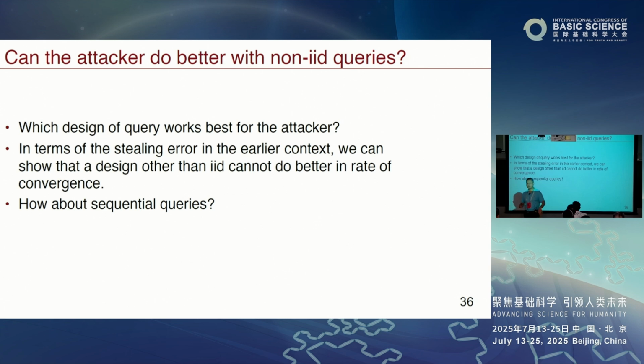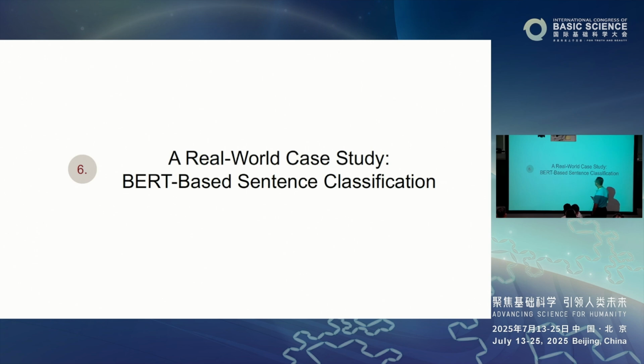So there is a potential that in this sequential query setting, you gain something. But we haven't completely figured out whether it's possible to improve the rate of convergence. I doubt it, I think perhaps not, but we haven't proved the theorem yet. But you understand the issue. So that remains an interesting problem.